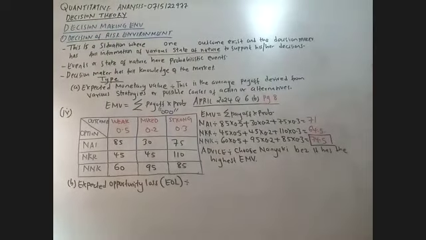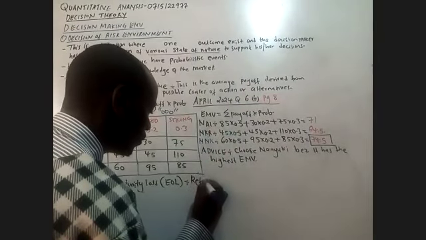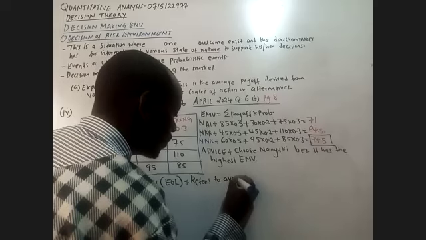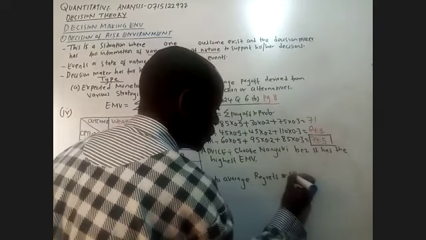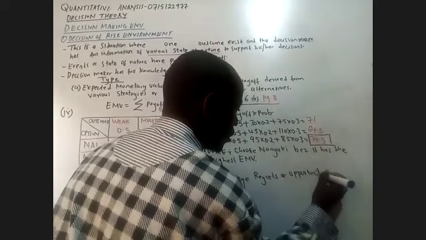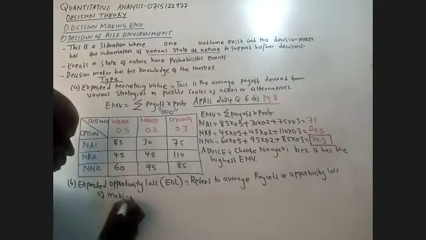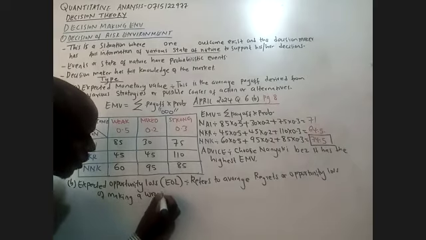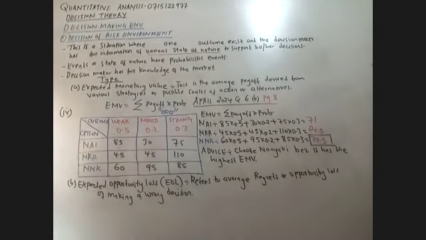We can say it refers to the average regret, or opportunity loss, of making a wrong decision.